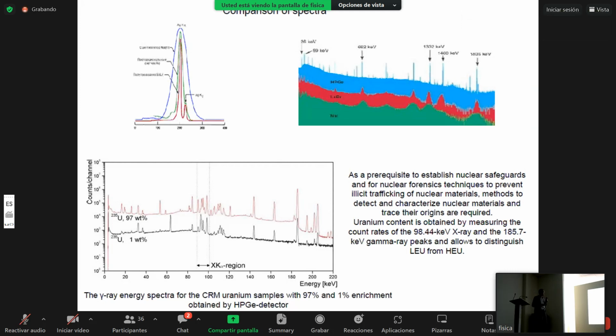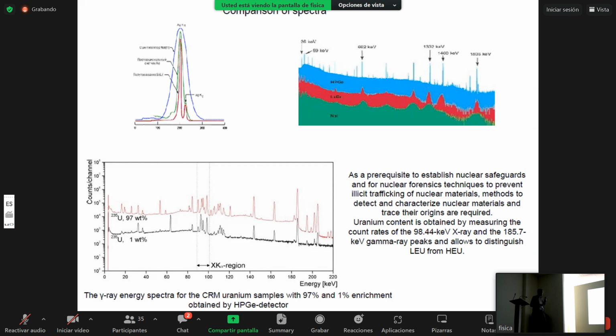In red, you can see peaks from the lanthanum bromide scintillation detector, which has the best energy resolution among all scintillator detectors, and it can be competitive with germanium detectors.